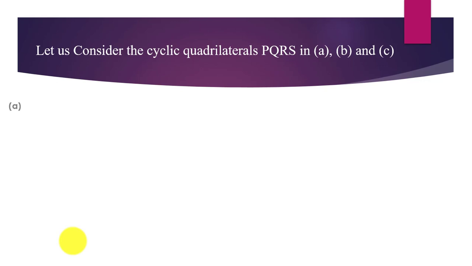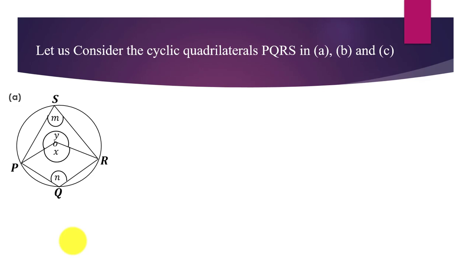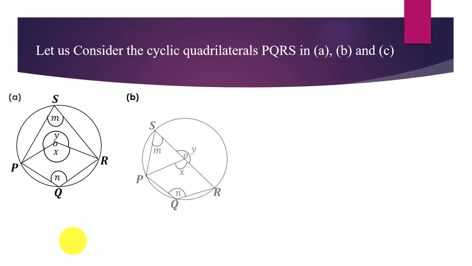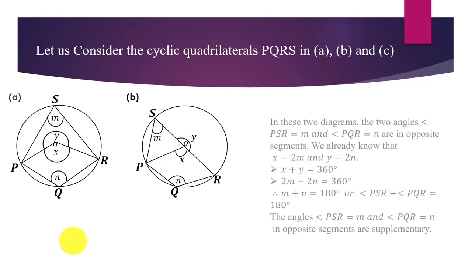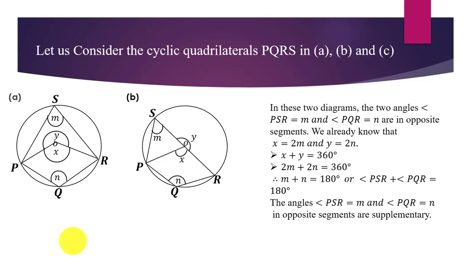So we have figure A and figure B. Let's pick figure A and figure B in this particular slide. Now, in these two diagrams, the two angles PSR, which is equal to M, and PQR, which is equal to N, are in opposite segments.